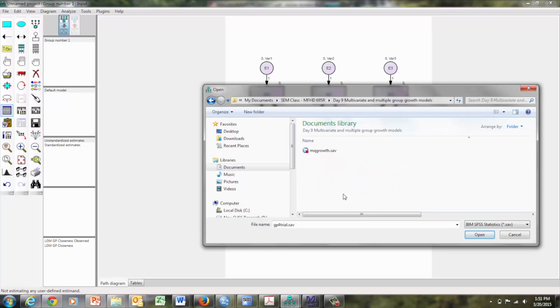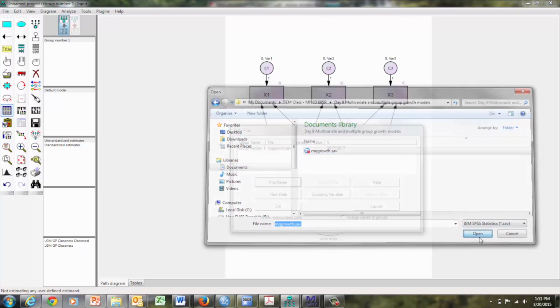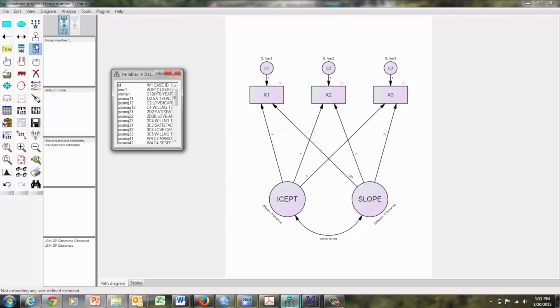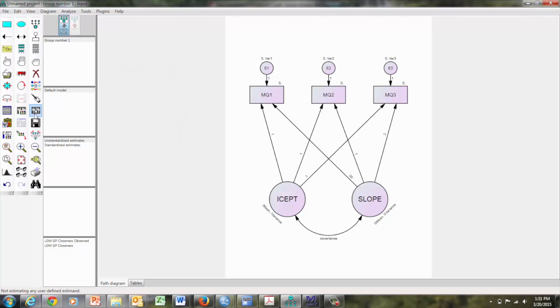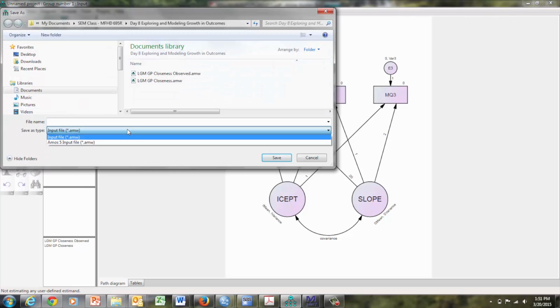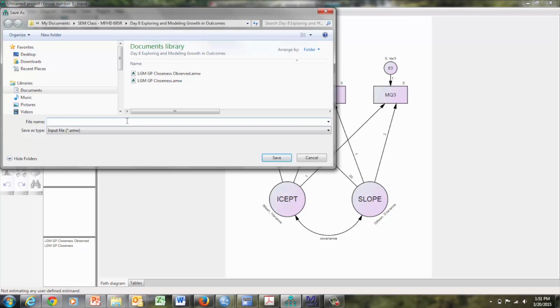Well, let's use this one. And let's see, okay. So I put in time 1 marital quality, time 2 marital quality, and time 3 marital quality. And I run that. It's going to save under, let's call it MQLGM.